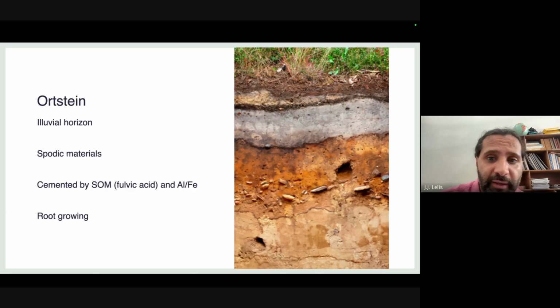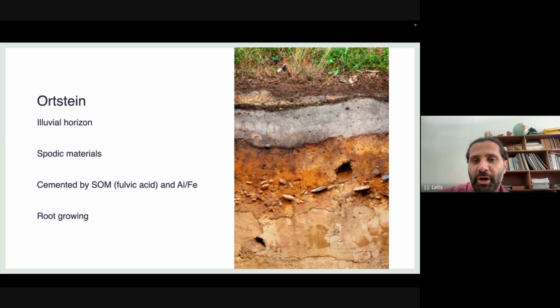The ortstein is a cemented horizon. So in this case, you have an illuvial horizon. You have the spodic materials that compose the spodic horizon, but now this horizon is cemented. So you cannot take parts, you cannot break it with your hands or with a knife.